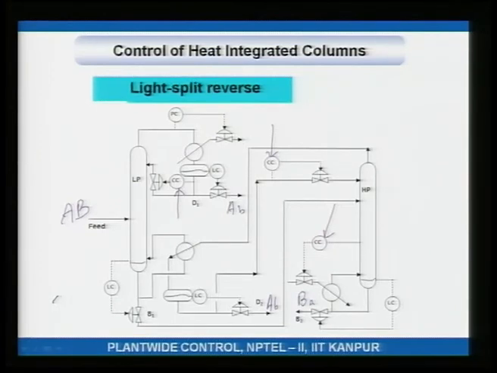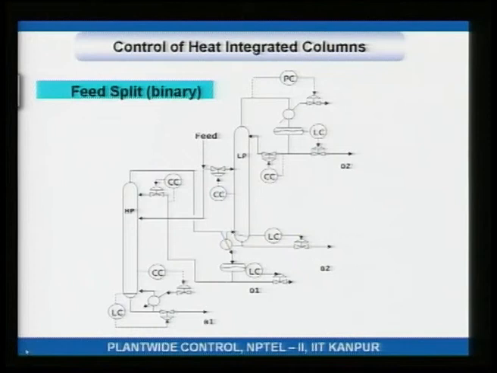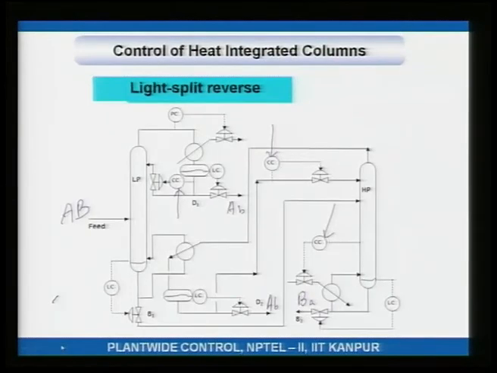Why was the degrees of freedom 3 here and 4 in the previous case? If I go to the previous slide, notice that there are 4 product streams, 1, 2, 3, 4. Degrees of freedom is 4. How many product streams do I have here? 1, 2 and 3.